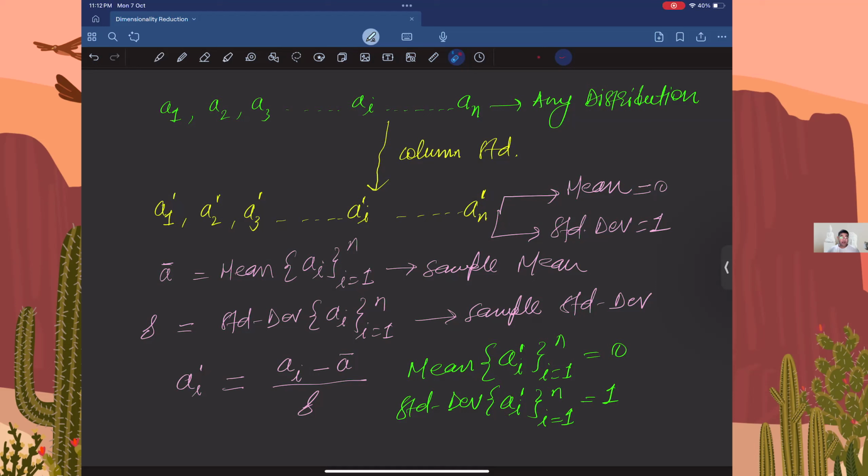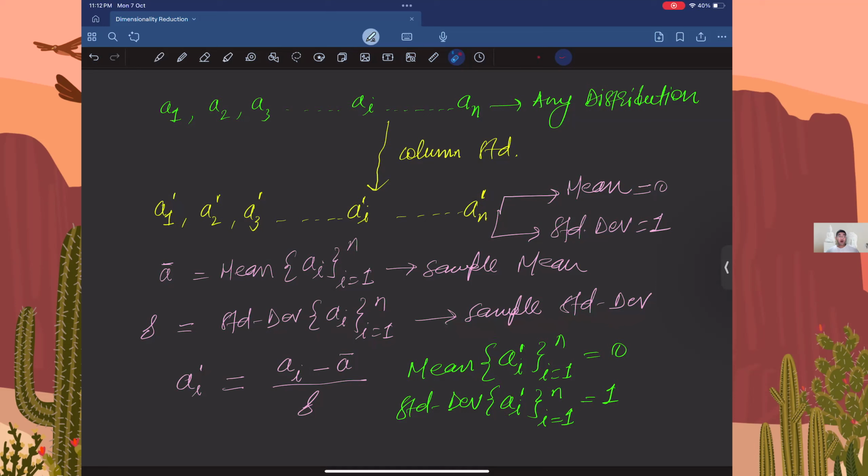I discussed this in my very first session in the statistics for AI and data science playlist, what is population and what is sample. From the probability section, you will remember the difference between the sample and the population. And this small s is the standard deviation where i is equal to 1 to n, and this is also not the population, this is the sample standard deviation.